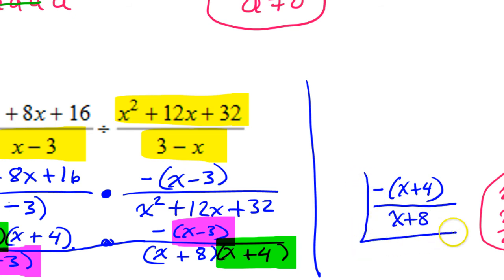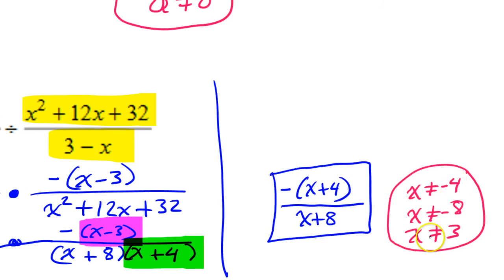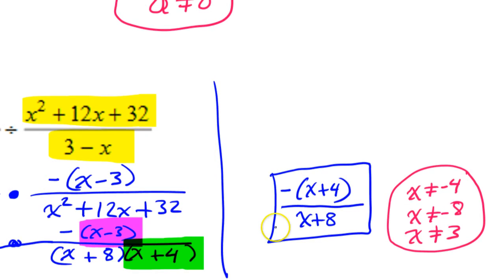Okay, so this is the answer, and these are the excluded values. I shouldn't leave parentheses in my answer, so a better way to write this would be to have negative x minus 4, just go ahead and distribute that minus sign over x plus 8.